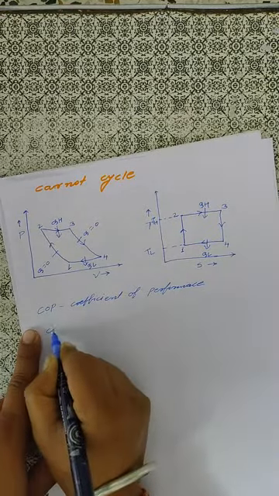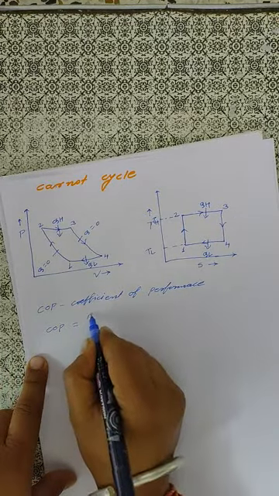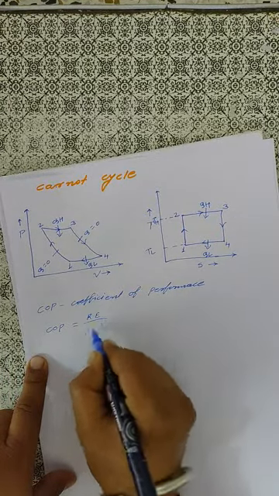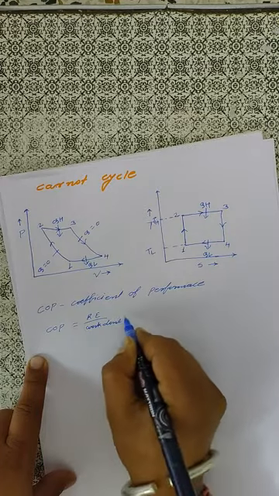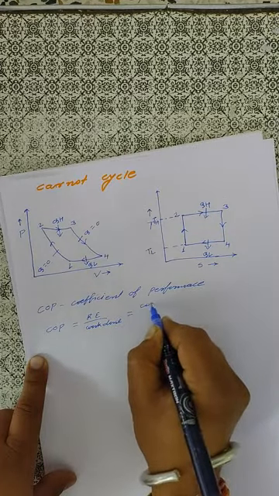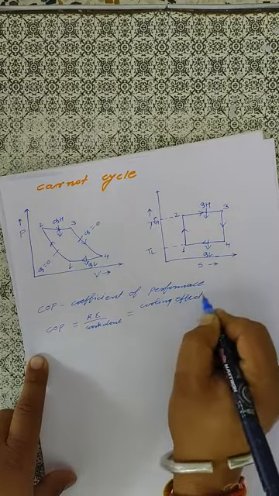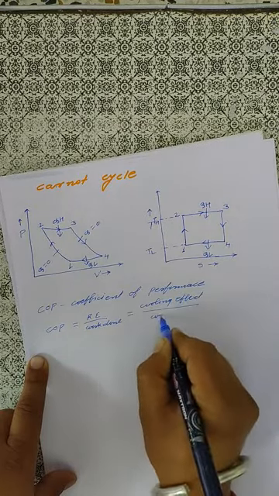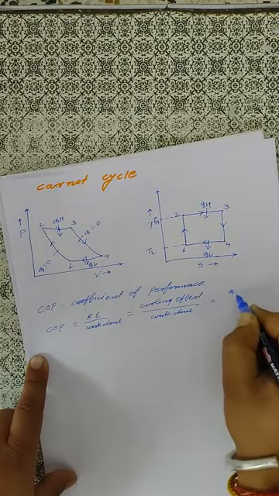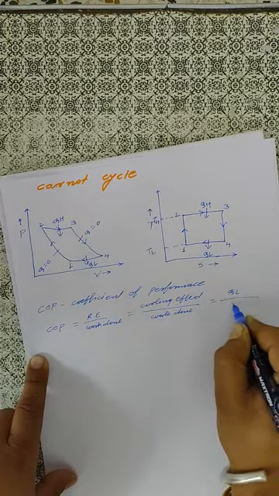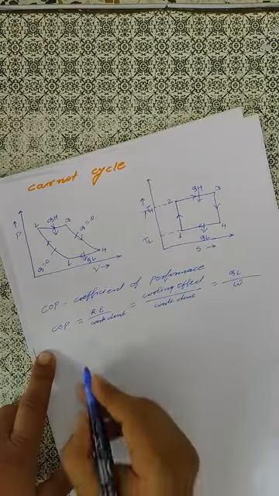You know the definition of COP because you have learned in thermodynamics, that is the RE, refrigeration effect upon the work done, or cooling effect upon the work done, that is QL upon the W.